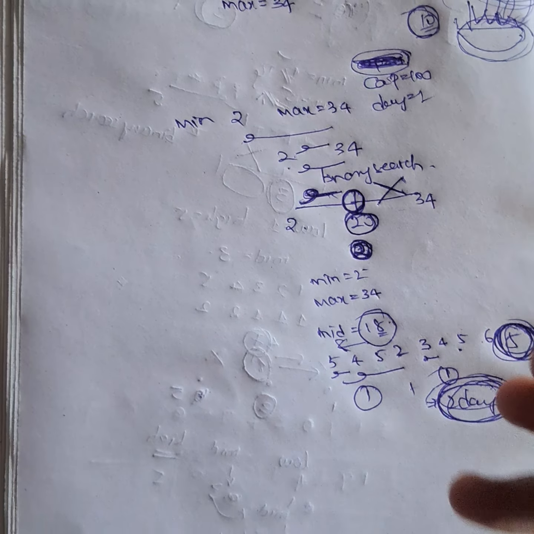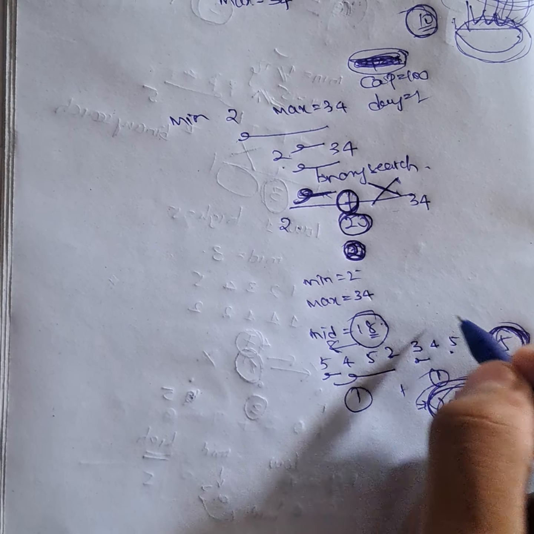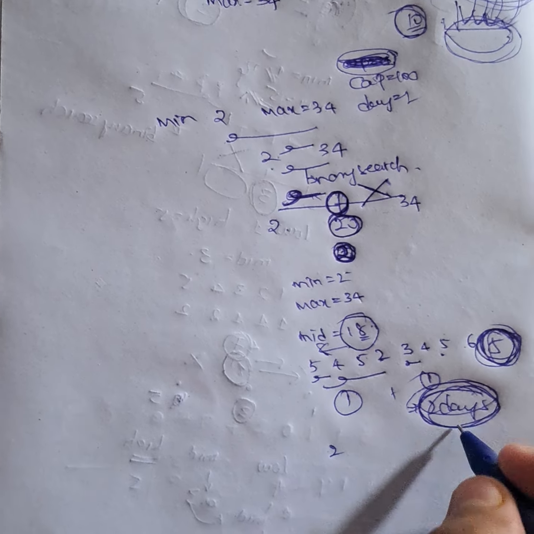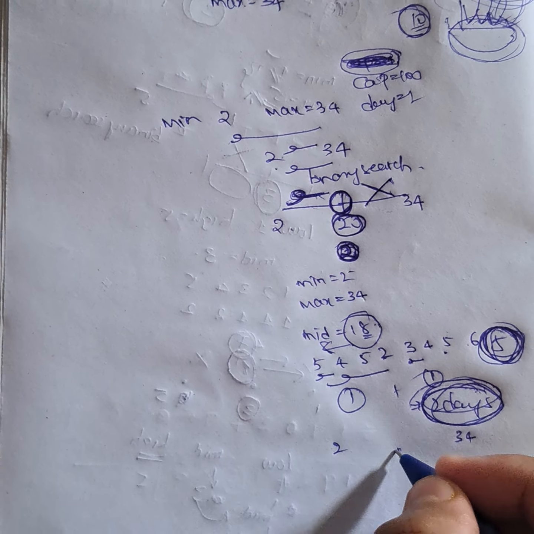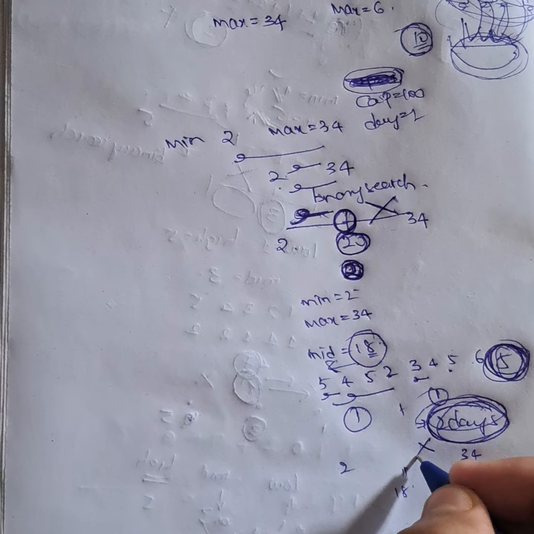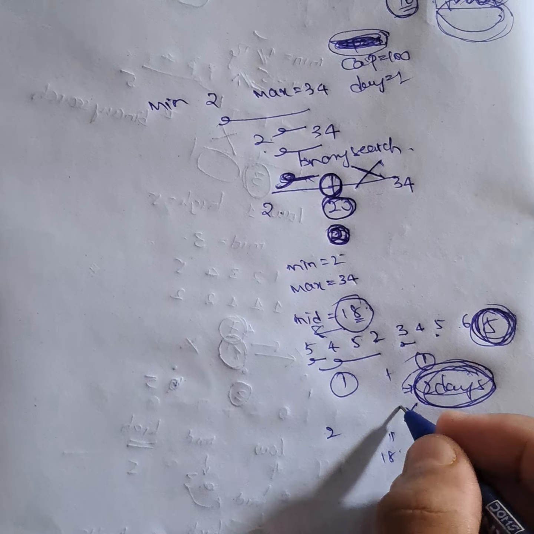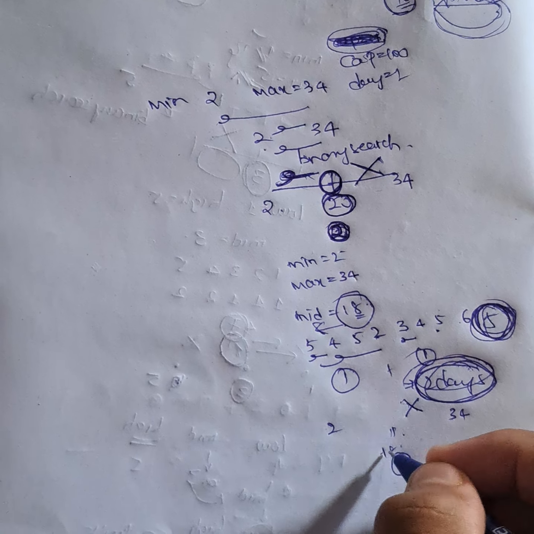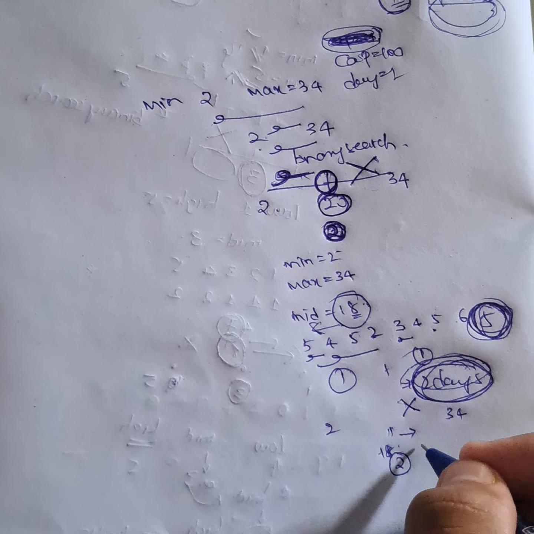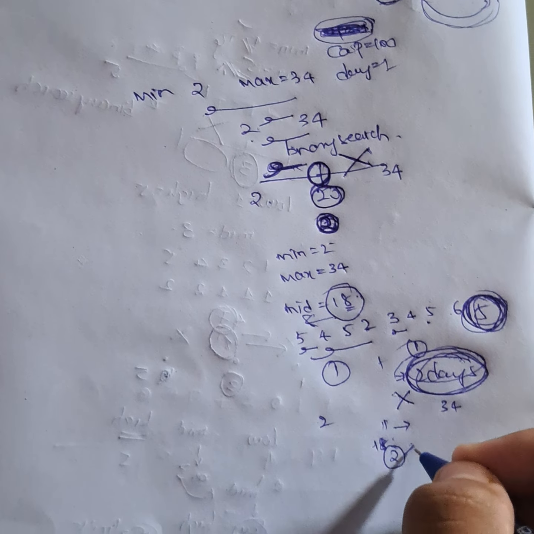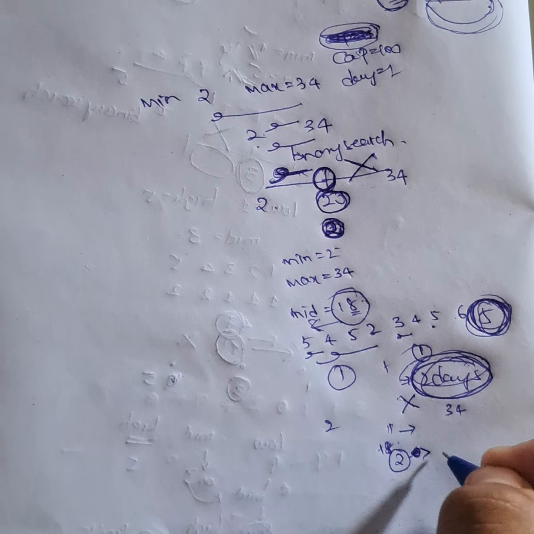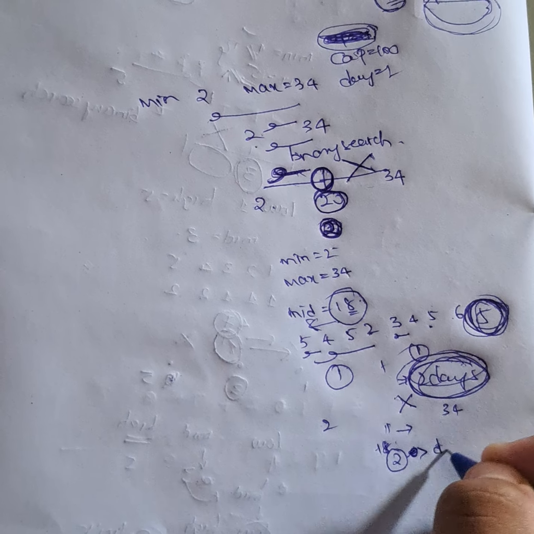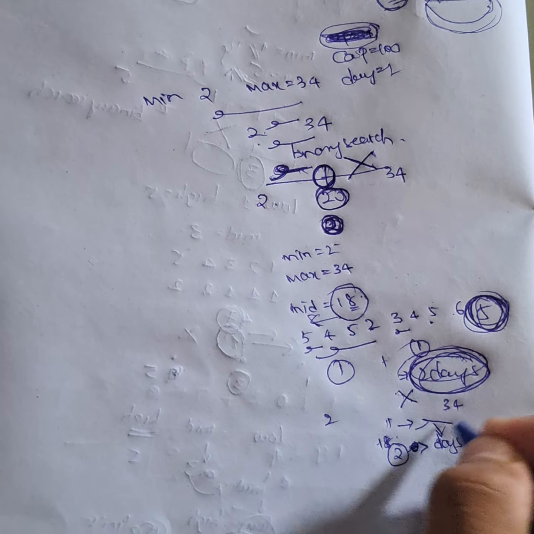So we need to eliminate the space from 18 to 34. Why eliminate this space? I'm getting 2 days for this capacity. If we increase the capacity, the days will definitely be fewer than what we get here.